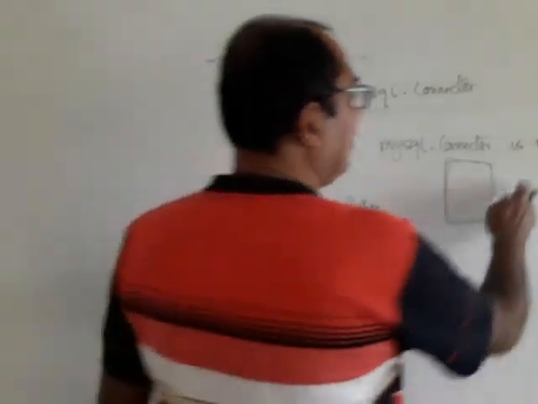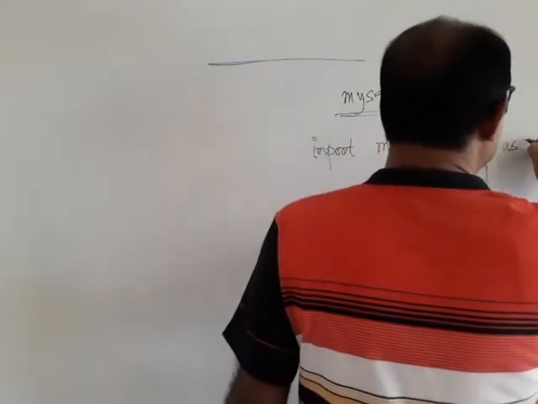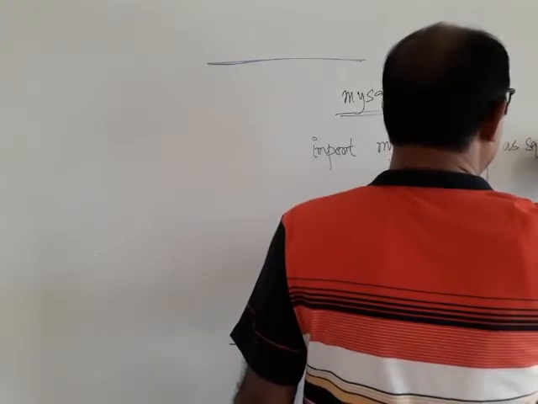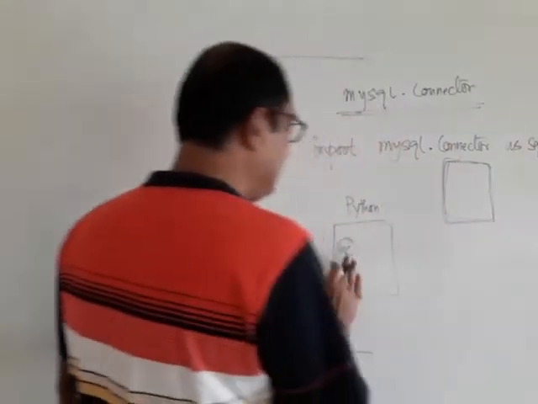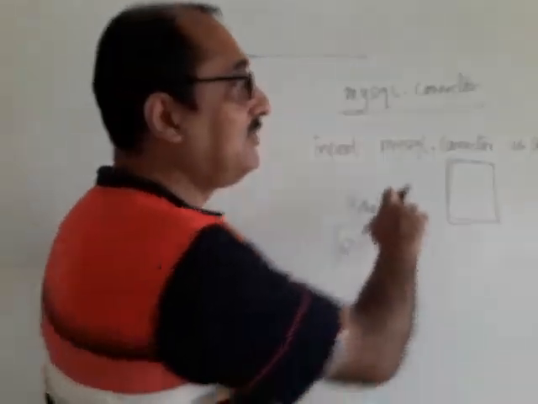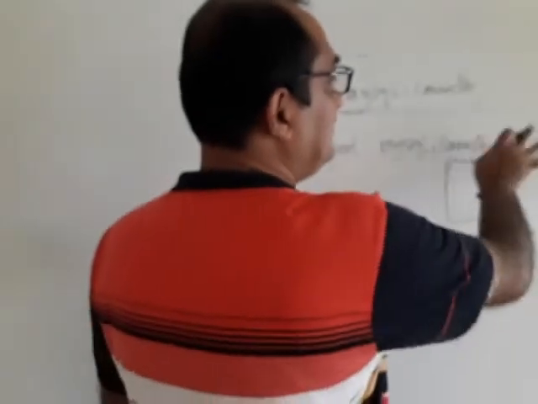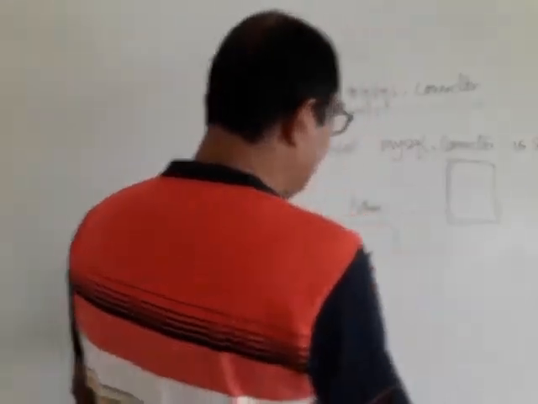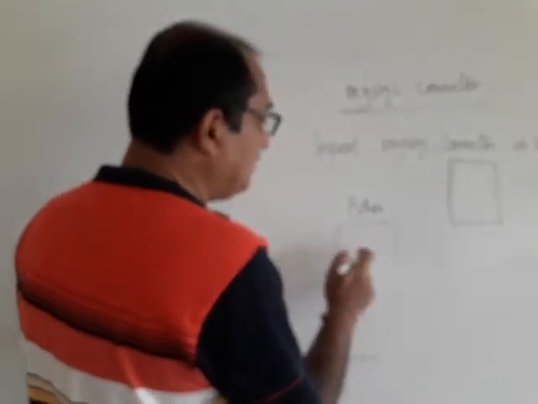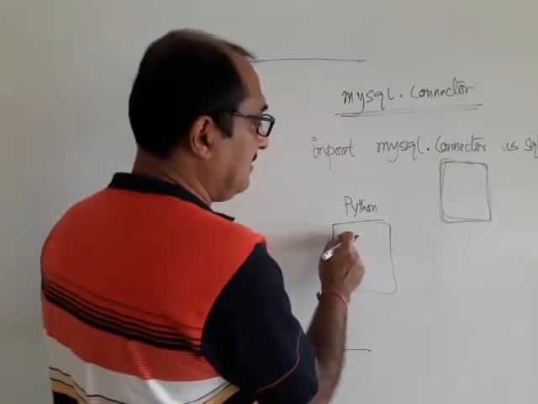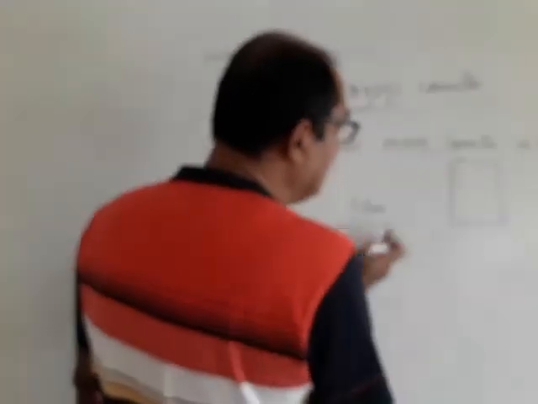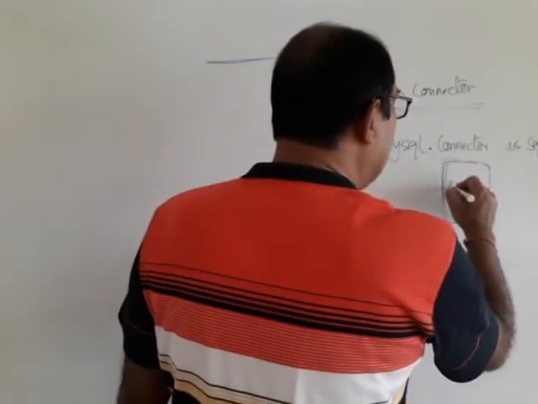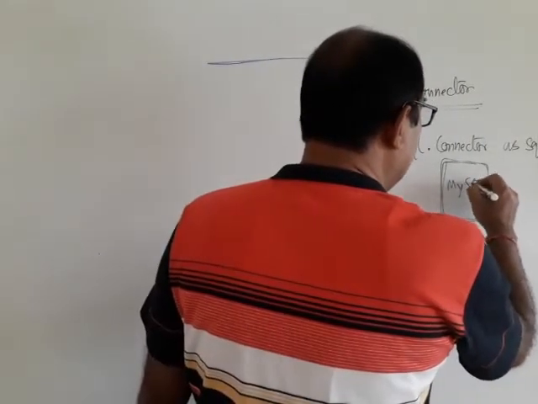Say instead of MC, I'm just changing the name, I wrote SQLPOR, because in the notes that I sent you, I used the same name. So with the help of this SQLPOR package, you have to create a connection here. That connection will make a communication between Python and MySQL.